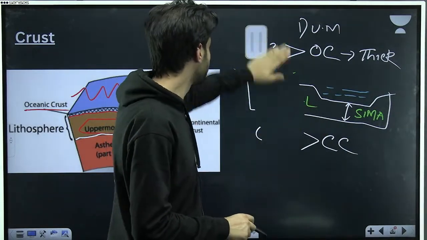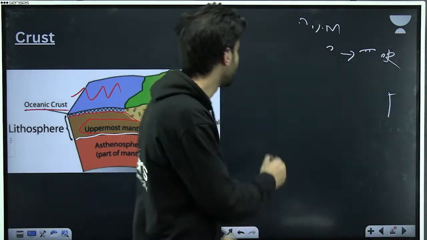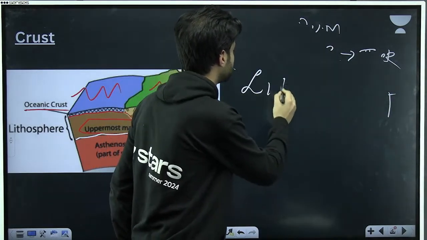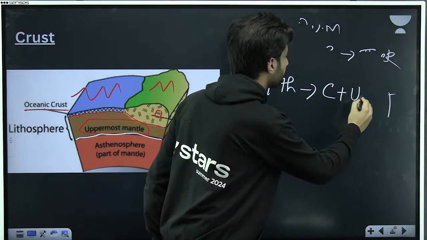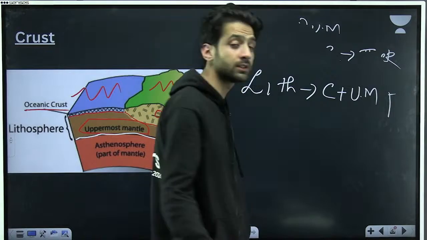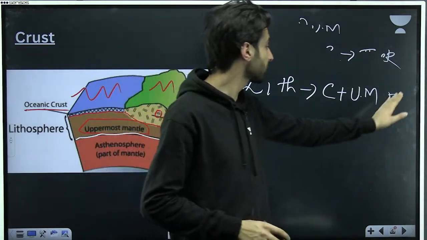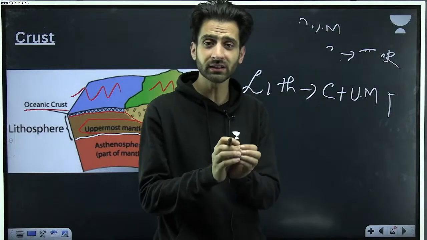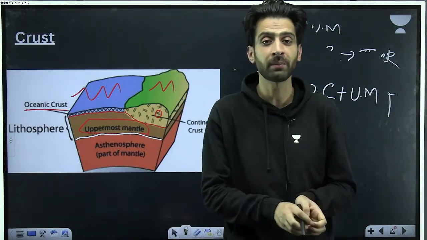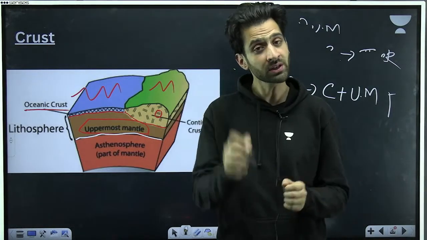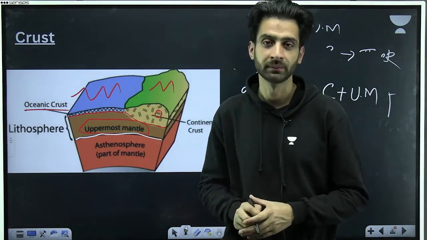So what you need to remember here is that lithosphere is made up of crust plus the uppermost part of the mantle, not the entire upper mantle. You know why I'm stressing so much on this? Because you will easily get confused. The question comes like that: upper mantle, entire upper mantle, only crust. No, crust as well as the uppermost part of the mantle. And this layer is solid. It is a solid layer.